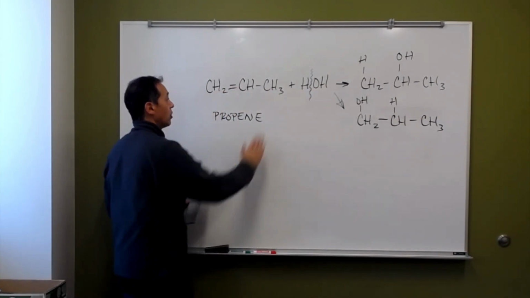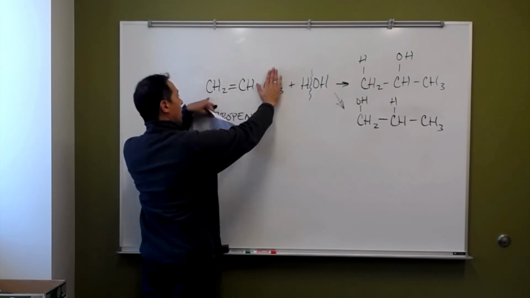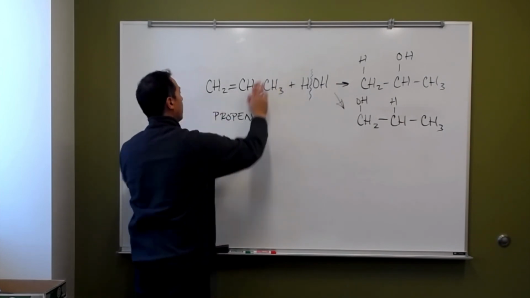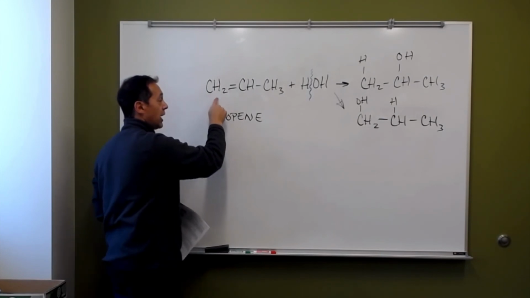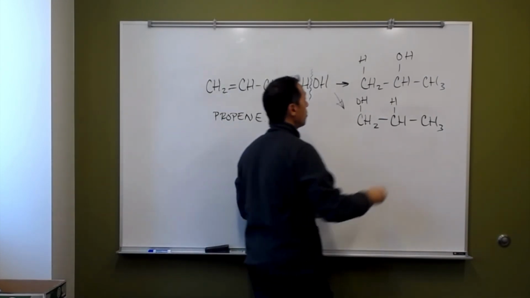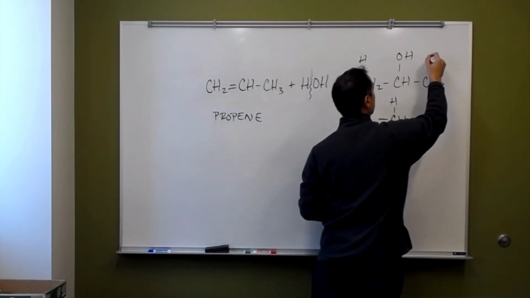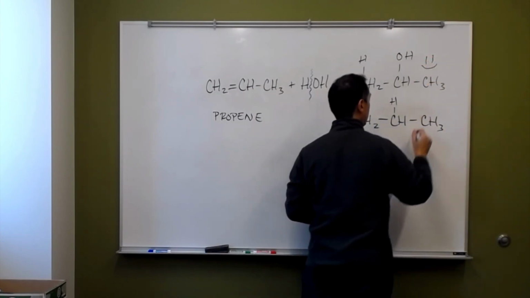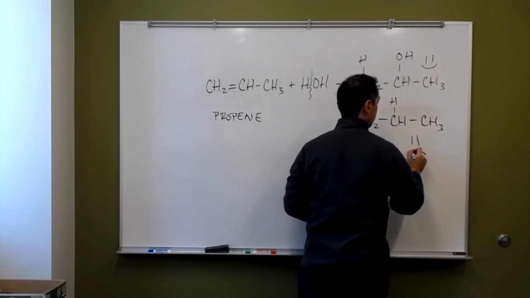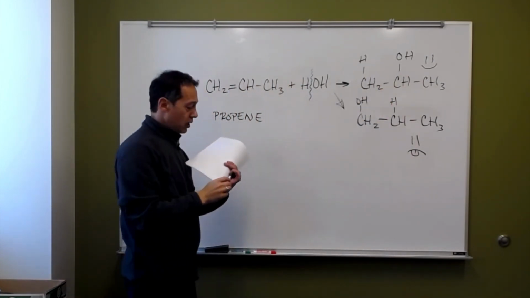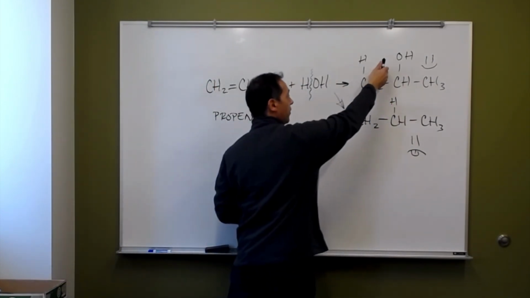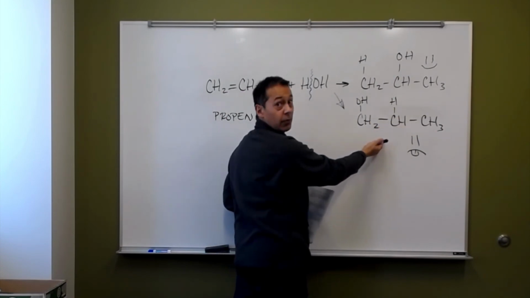So we're just looking at these 2 carbons. This one's got more, so the hydrogen attaches to this one. This one becomes favored, and this one here is pukey. According to Markovnikov's rule, we're going to end up with more of this than this.